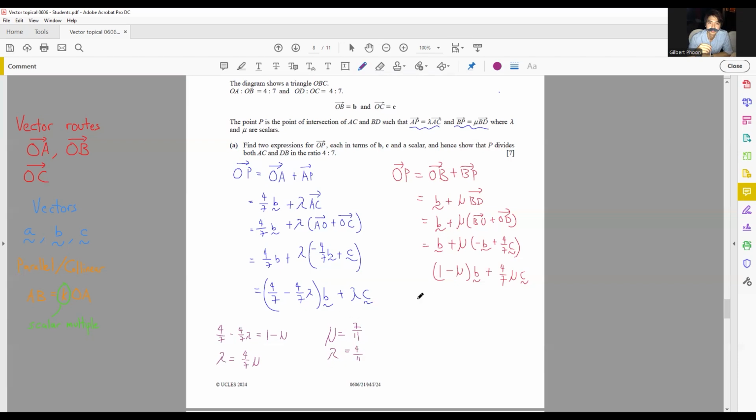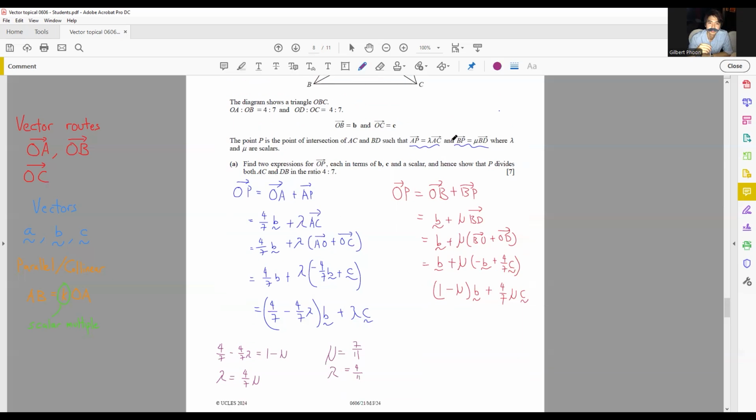Now, lastly, they want us to prove that P divides both AC and DB in the ratio of 4 to 7. What we're going to do is go back to the previous question here. Previous clue up here: AP over AC is equal to λ, right? And therefore, AP over AC is actually 4 over 11.